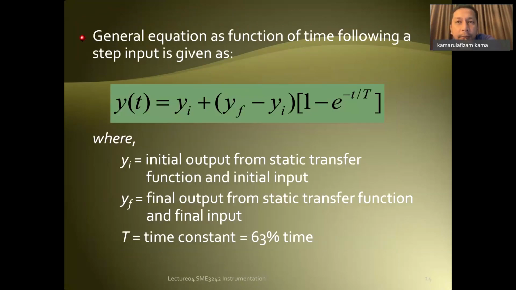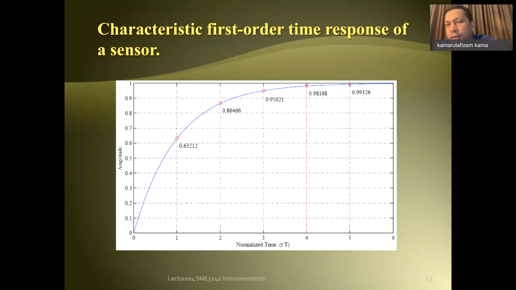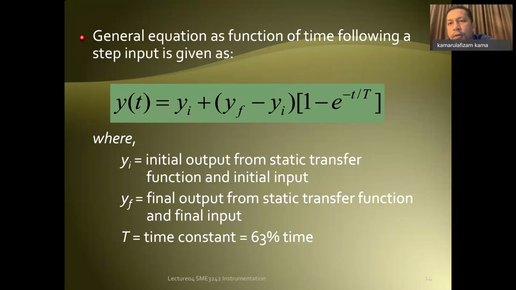So this is basically the general equation as a function of time for the first order system. You have y(t) equal to yi plus (yf minus yi) times an exponential term. If you look at this graph, it is actually a negative exponential.